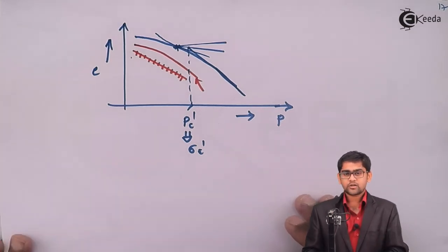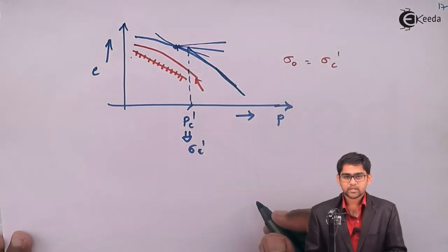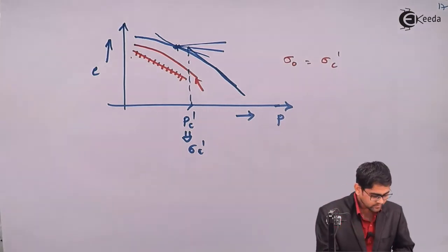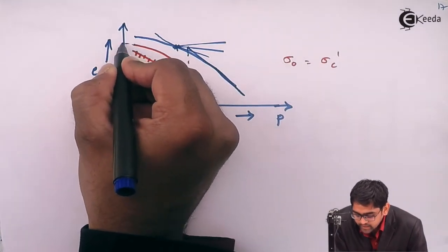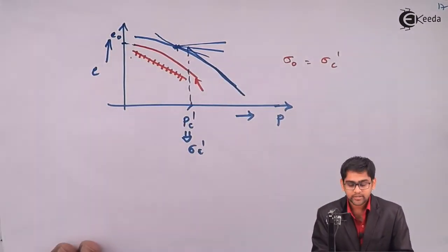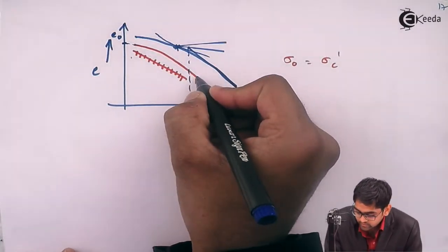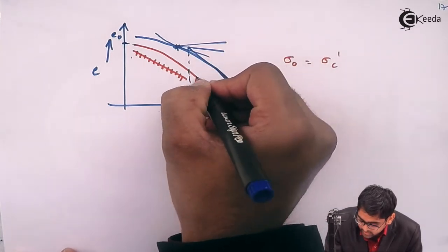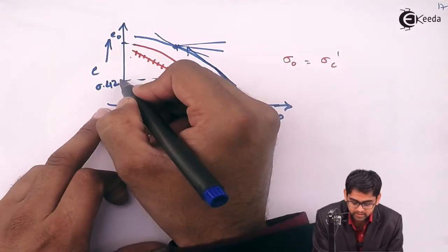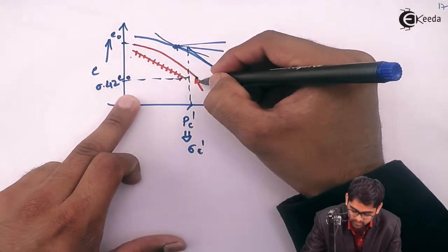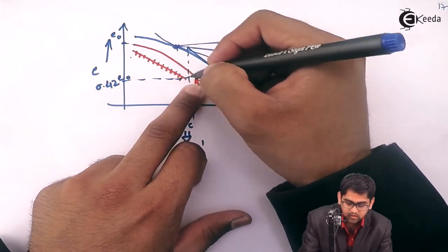For normally consolidated soils, which means the existing stress is equal to the pre-consolidation stress, he tested n number of samples and came to the conclusion that, whatever the initial void ratio, the field curve and the laboratory curve will meet at the point where the void ratio is 42% of the initial void ratio. So this is the point where both the curves will meet.